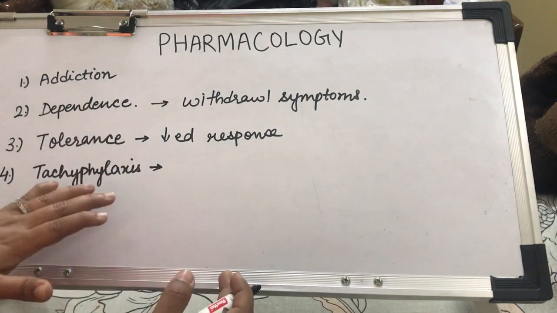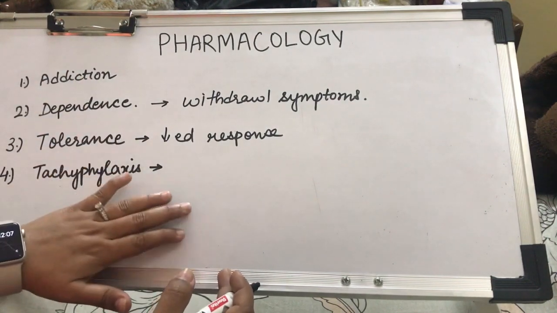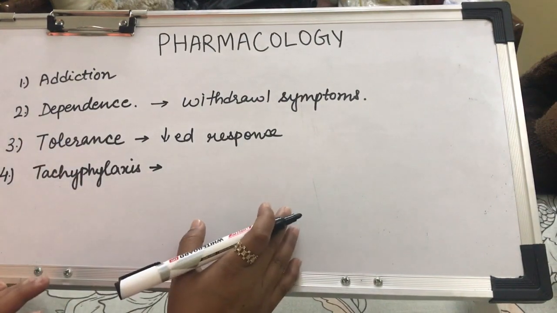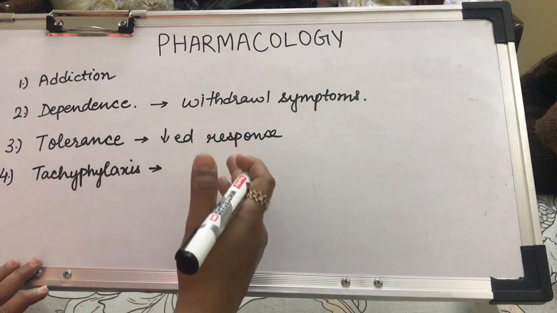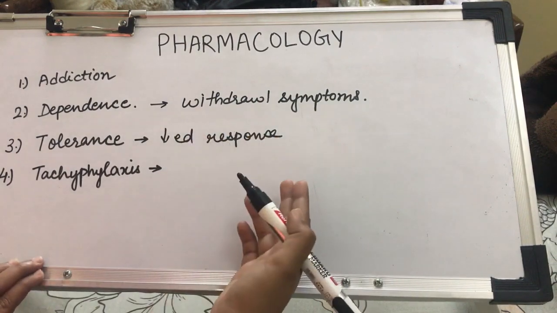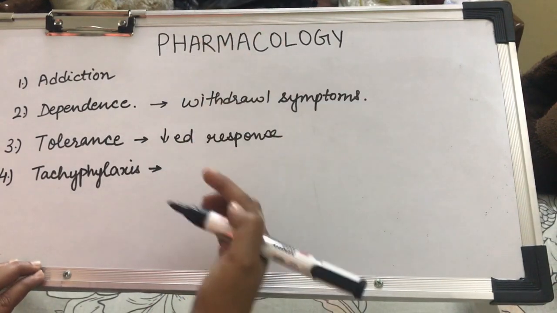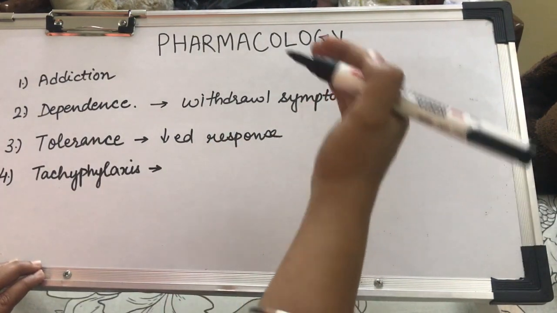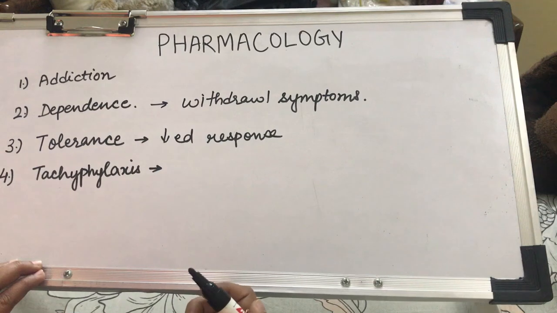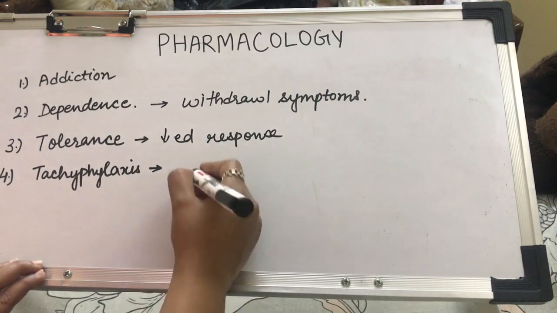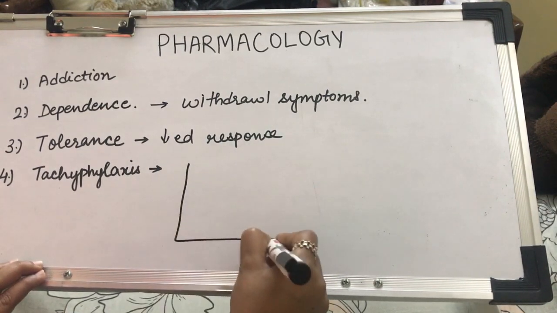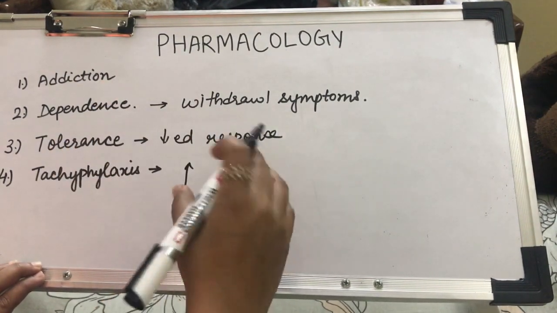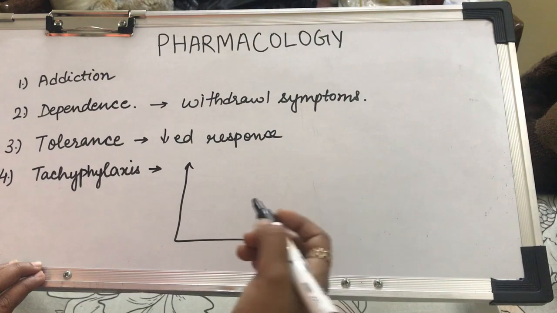But in tachyphylaxis, you have taken one initial dose, and when you take that drug a second time, suddenly there is a decreased response. Then you take the drug a third time, and the response is further decreased. So that is tachyphylaxis, a sudden short-term onset of drug tolerance.